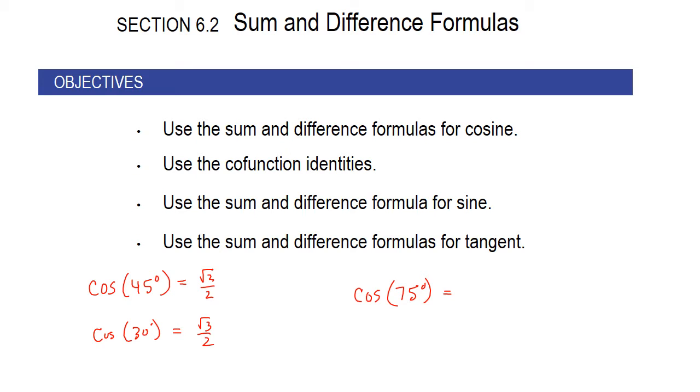And that's what these sum formulas are, because if you think about it, isn't 75 degrees really just 45 degrees plus 30 degrees? Or the other way, 30 degrees plus 45 degrees. And there it is. This is the sum formula. It's exactly what I want. I want to develop some formulas that I can add angle measurements together and still get the exact values of them.